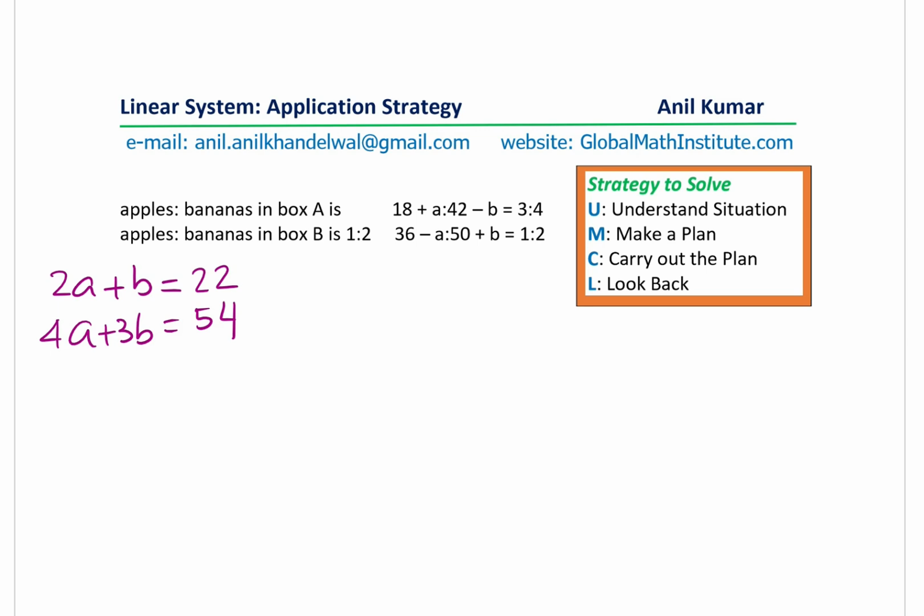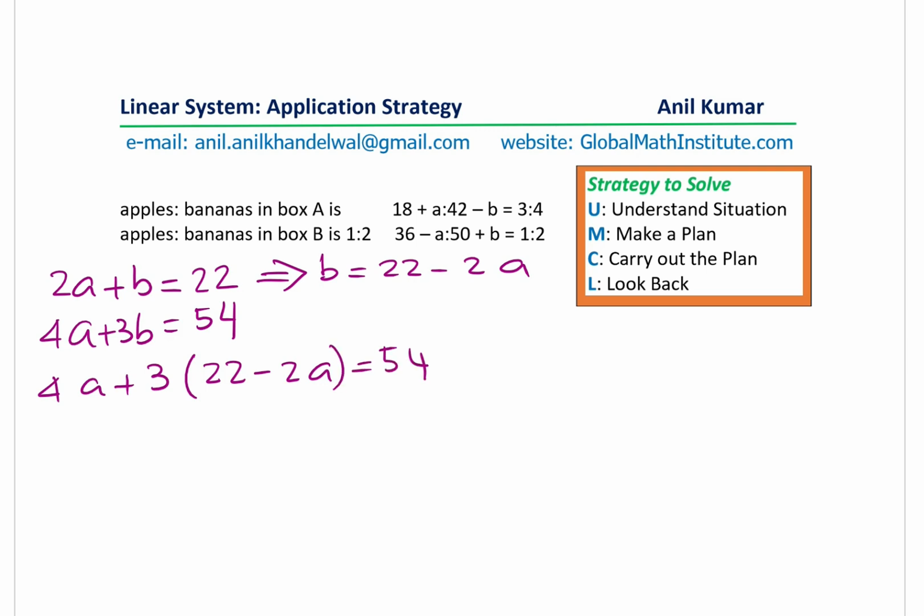So if you want to do substitution, then from here we can say what b equals. We have b equals 22 minus 2a. So we can substitute this value for b. So we get 4a plus 3 times 22 minus 2a equals 54. And now we have 4a plus 3 times 66 minus 6 times 2. 3 times 2 is 6a equals 54.